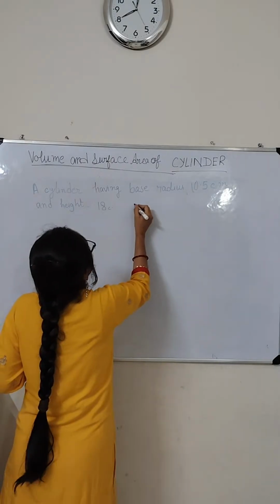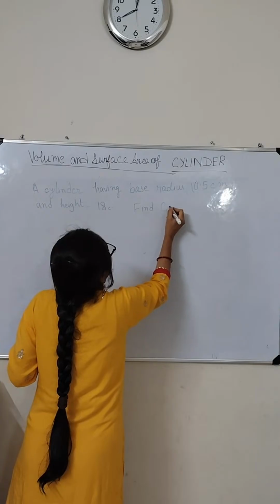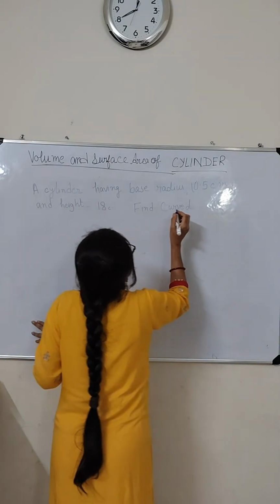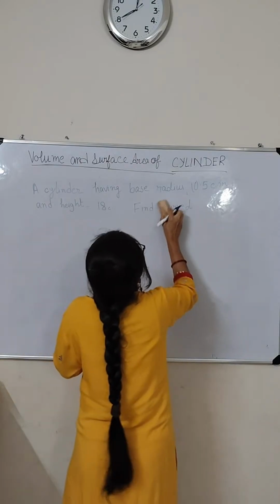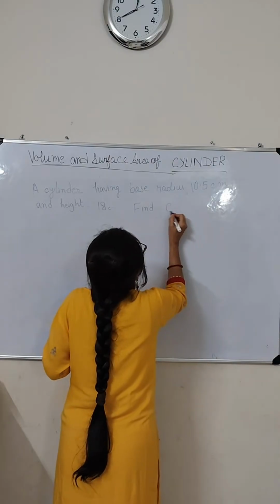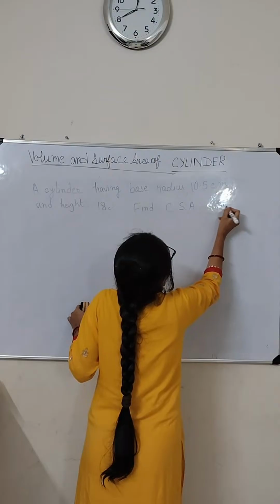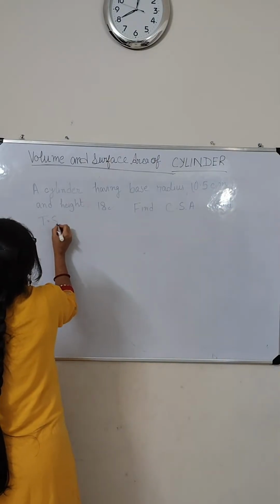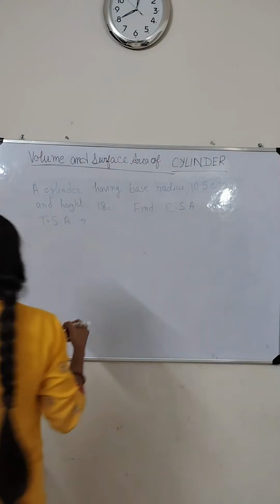Find the curved surface area, I can write CSA, and the total surface area, TSA. Okay.